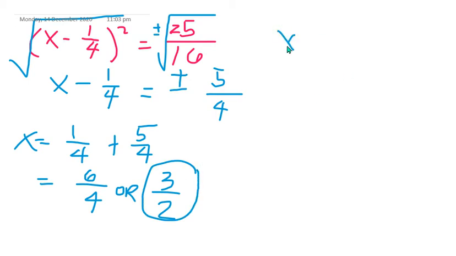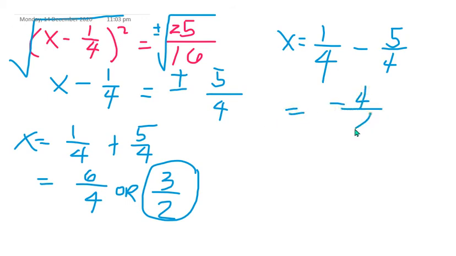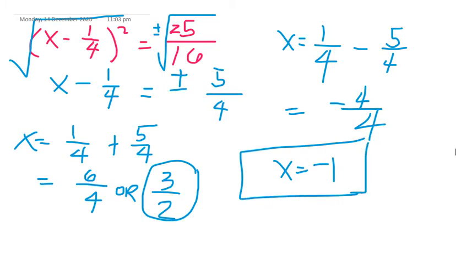And another root is 1/4 using negative 5 over 4. 1 minus 5 is negative 4 over 4. Therefore, another root is negative 1. So these are now the roots of the equation using completing the square.